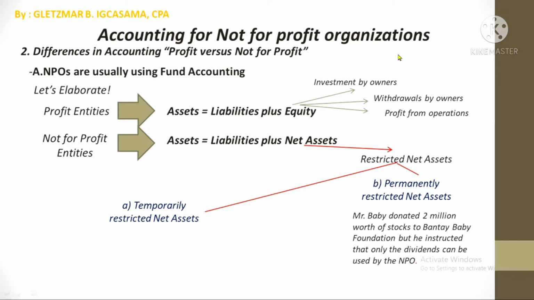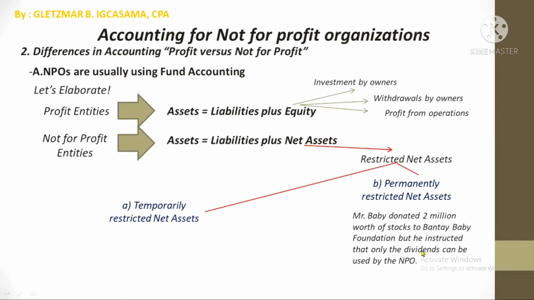Here, we can already see the logic of the permanently restricted donation. Even if the 2 million investment was not really donated for the usage of the NPO, the dividends can be used by the NPO for its programs and its activities. So even if it's not directly given, there is still a benefit for the not-for-profit organization.